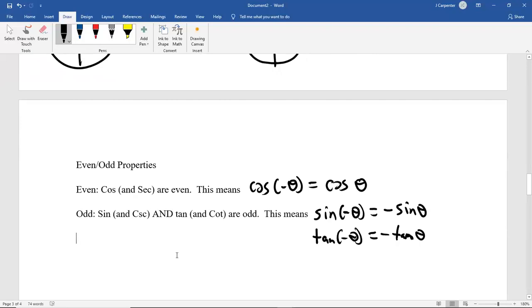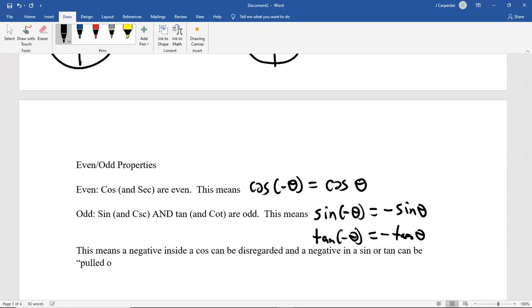And again, the same definition holds for the reciprocal functions. So what does this mean? It means a negative inside a cosine can be disregarded, essentially, and a negative in a sine or tangent can be pulled out.